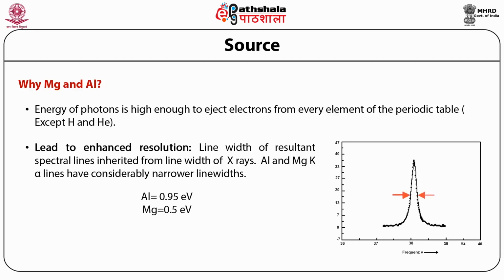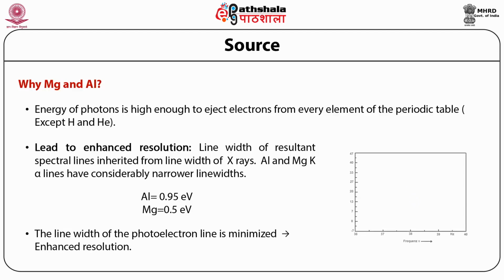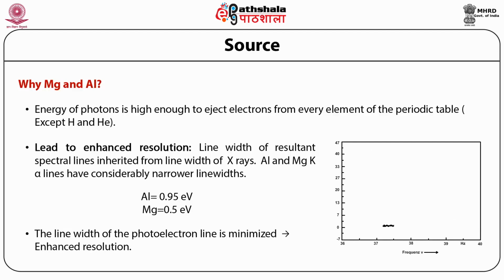Aluminum's line width will be 0.95 electron volt and magnesium will be 0.5 electron volt. The line width of the photoelectron line is maintained, obviously, and you get enhanced resolution. This has been indicated in the figure on the right side of the slide.